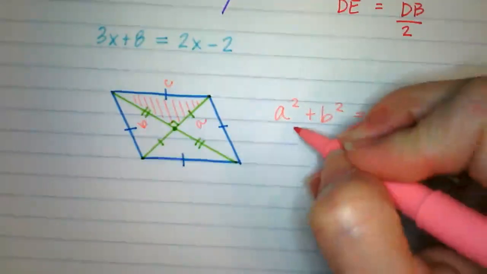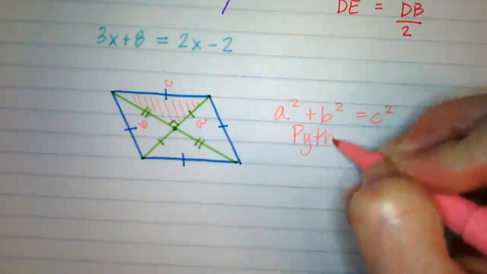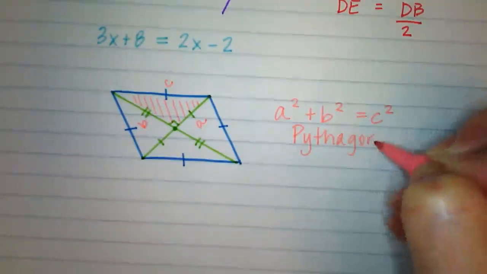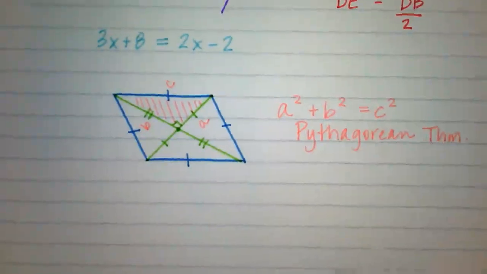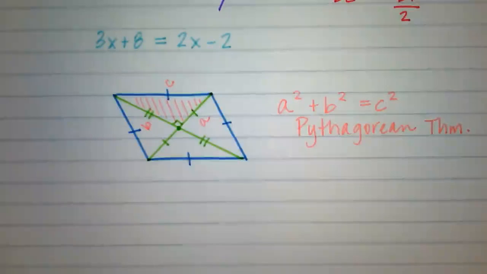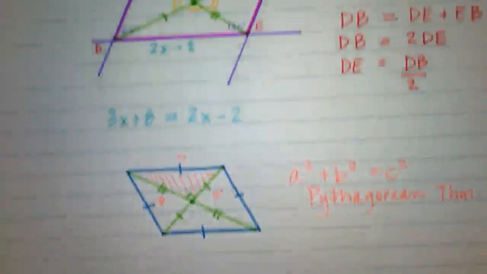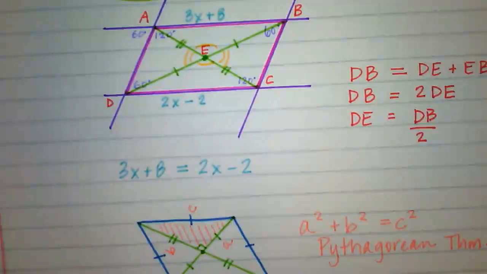Just keep in mind that the Pythagorean Theorem is a valid way to figure out sides on a rhombus or lengths of the diagonals as well.